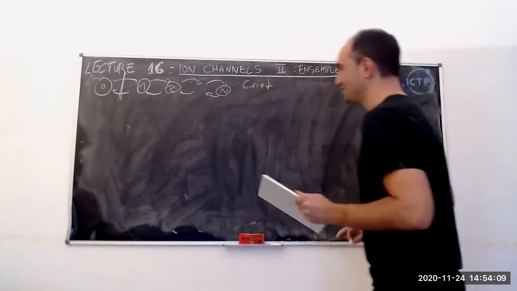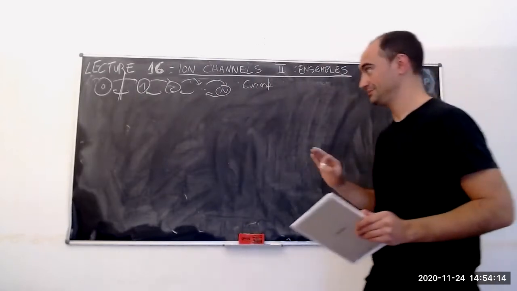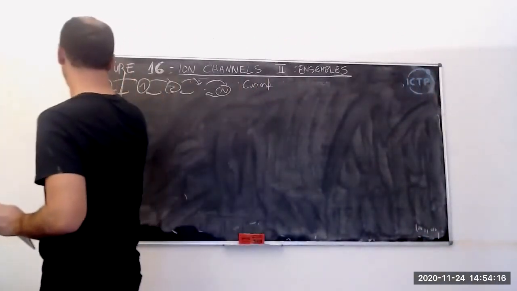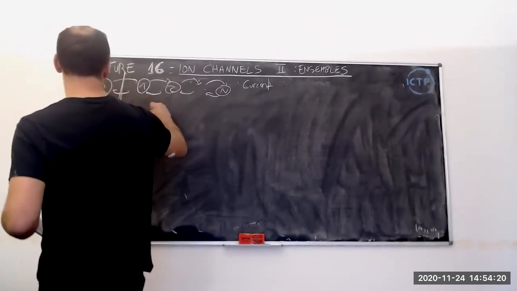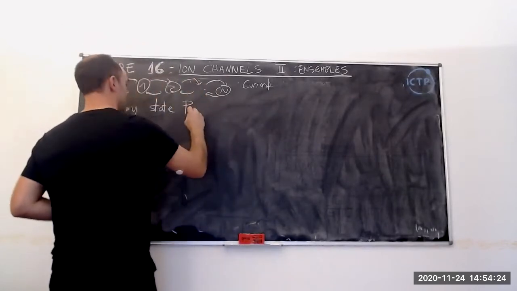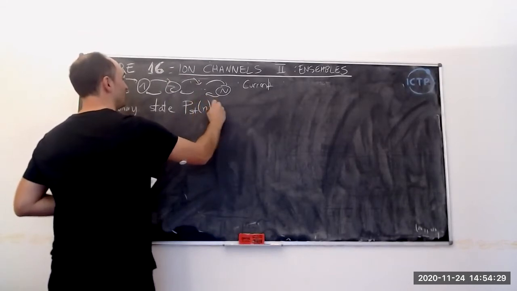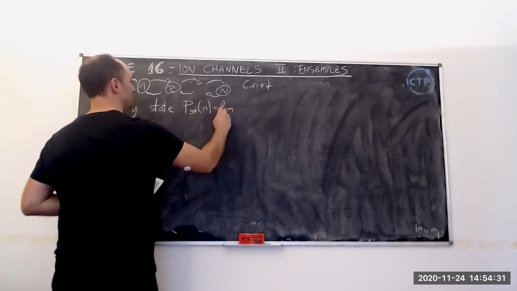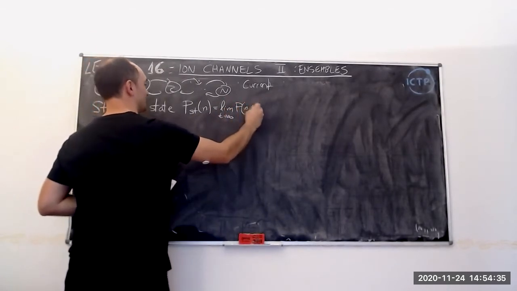First of all, let me tell you one thing. I will now solve the stationary state. I'd like to know what is P stationary of n, which is the limit when t goes to infinity of P(n, t).